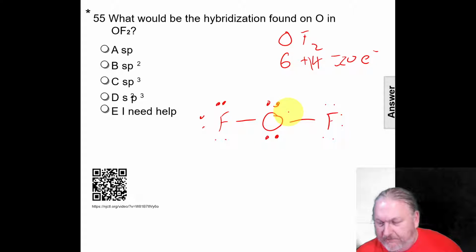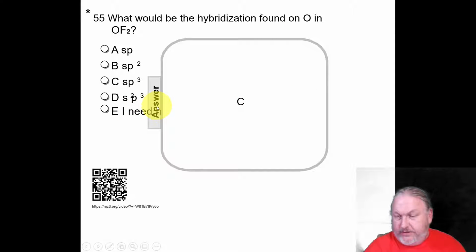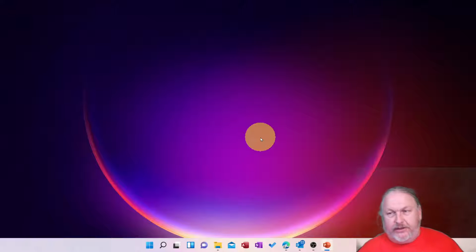So it's going to have 4 domains. So I believe that's going to be sp3. I'm right. So that's going to pretty much tell us what we need to know about hybridization.